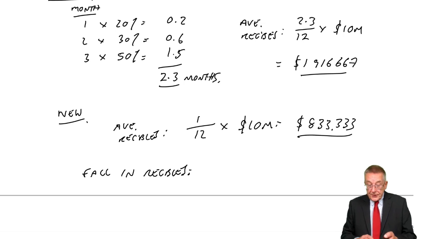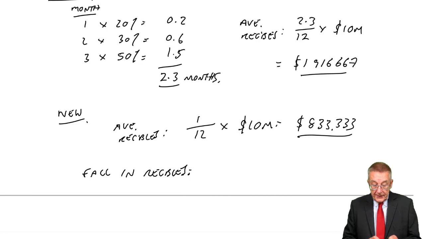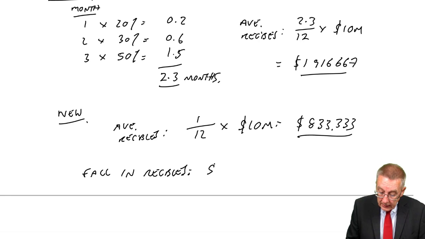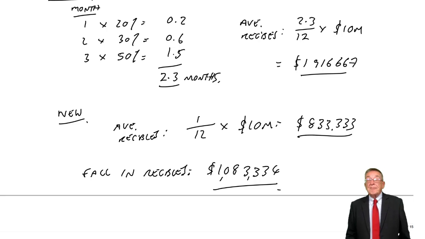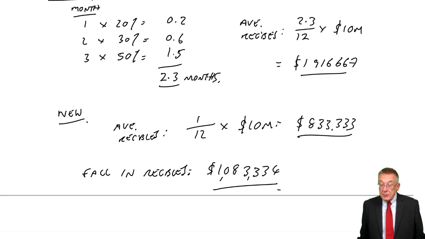The difference, 1,916,667 minus 833,333, 1,083,334. Now I can go back and finish the tables.